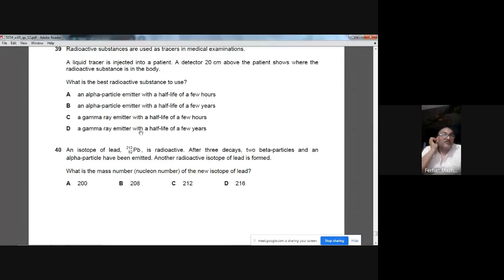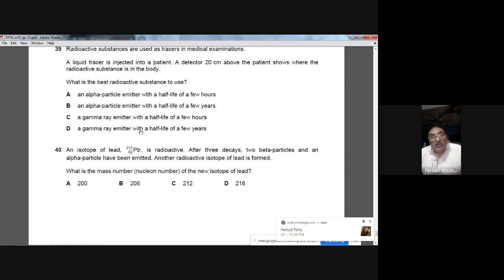So its mass was 212. Due to beta emissions, there will be no difference. It will have no effect. And when the alpha particle is given out, the mass will be decreased by 4. So 212 minus 4, that will be 208. So B looks the option D.